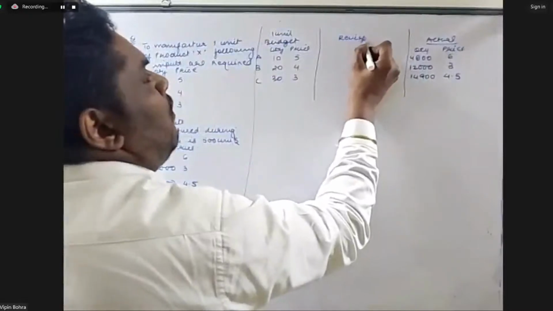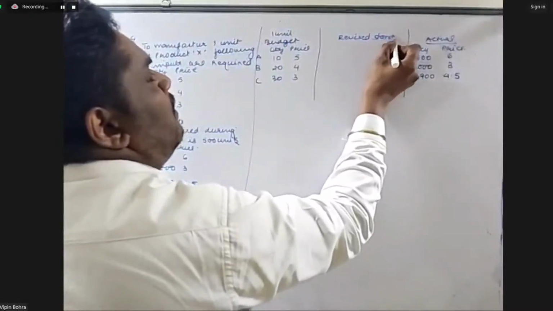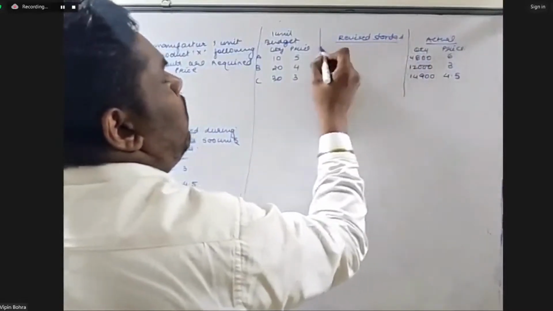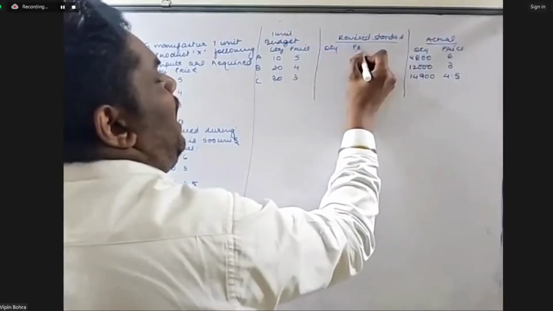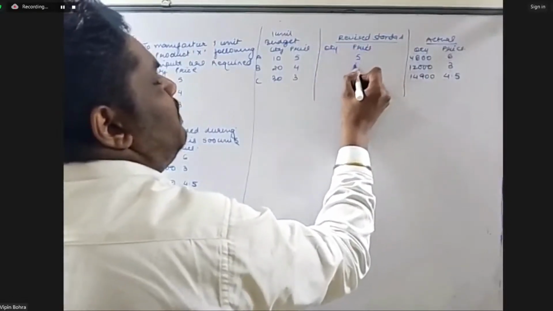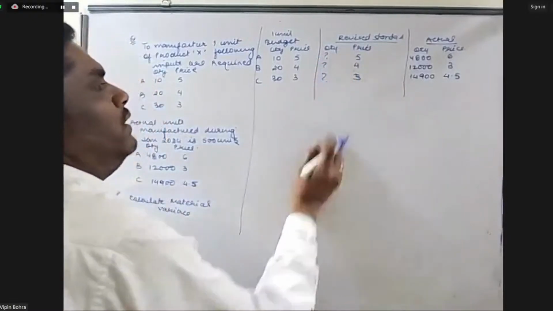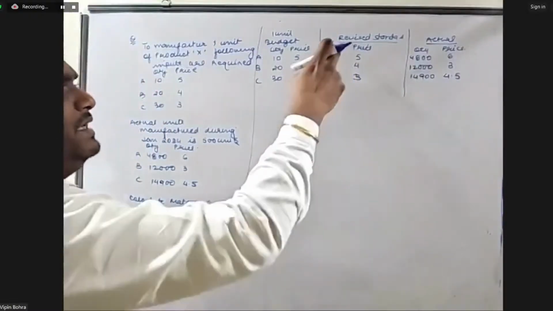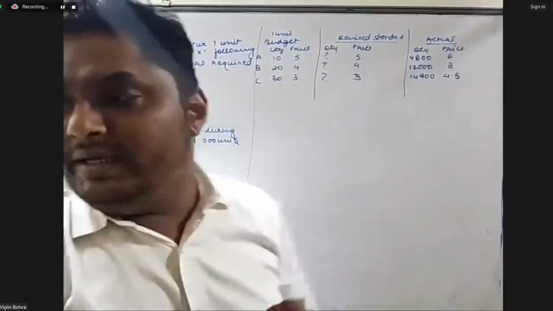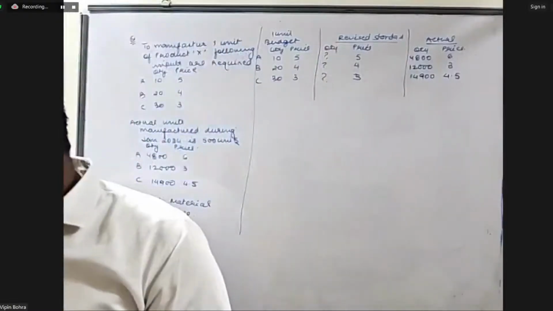Revised standard. I have the price that is 5, 4, and 3. This data I want you guys to calculate. This quantity of A, B, C, I want you guys to calculate. Waiting for your answers, guys.